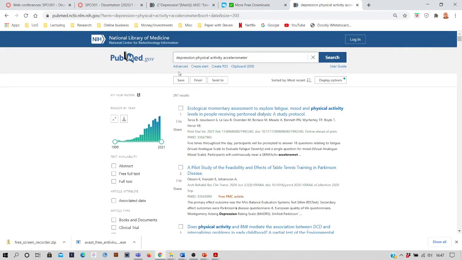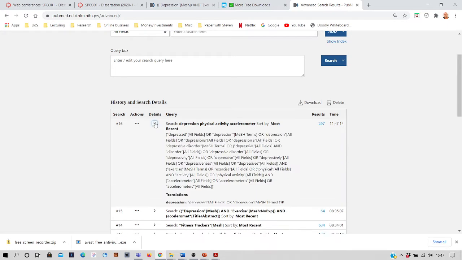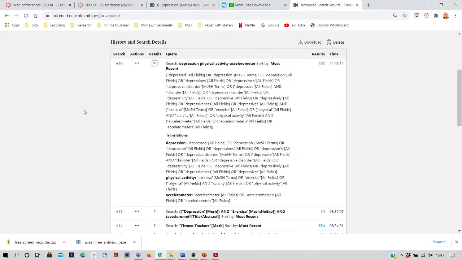So why is that? Well, if we go to advanced search, we can see what PubMed has done. So if I click on this arrow here, it shows us what's happened when I've just typed those terms in.